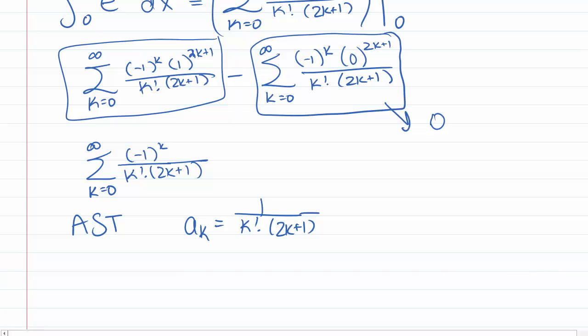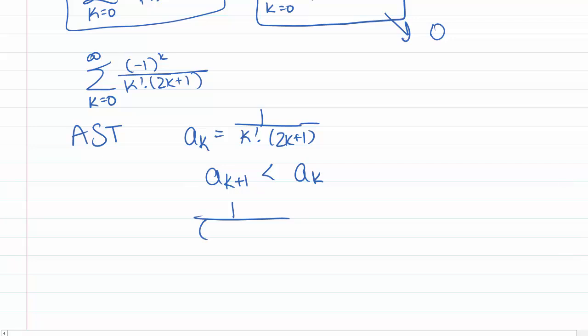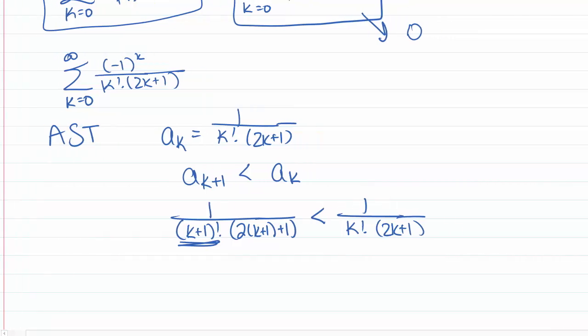So convince yourself that a sub k plus 1 is always going to be smaller than a sub k by looking at the terms. That would be 1 over k plus 1 factorial times 2 times k plus 1 plus 1. And we're comparing that to 1 over k factorial, 2k plus 1. Well, k plus 1 factorial is bigger than k factorial, so that makes this smaller.